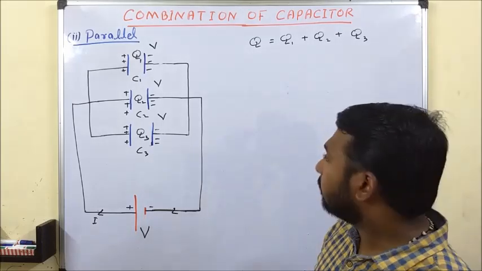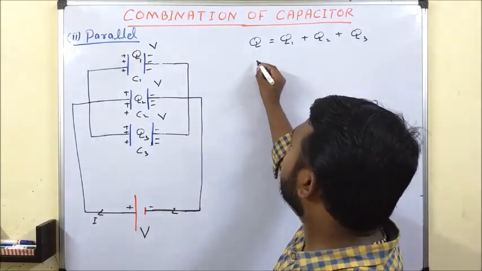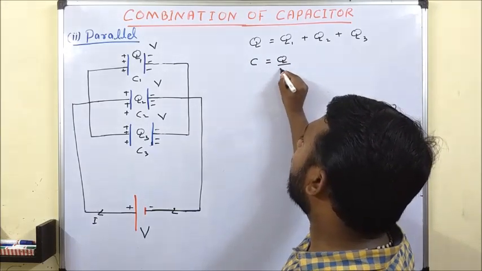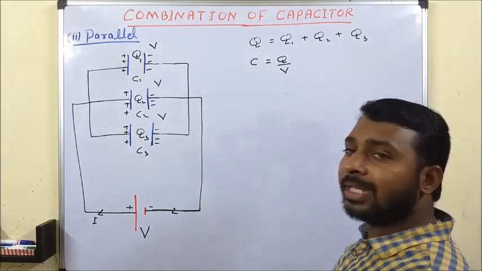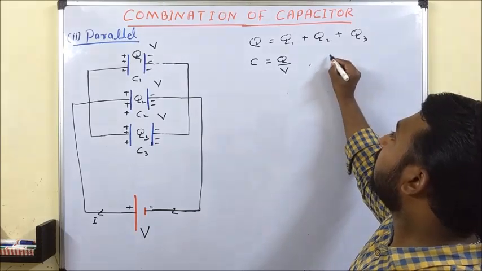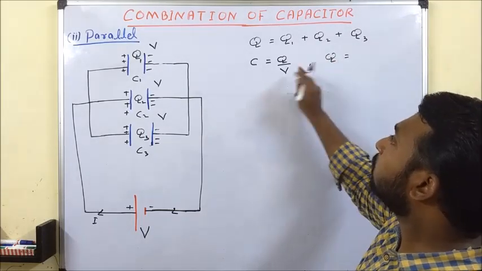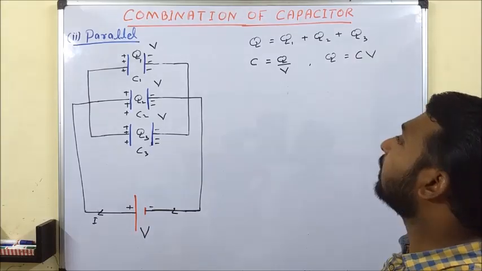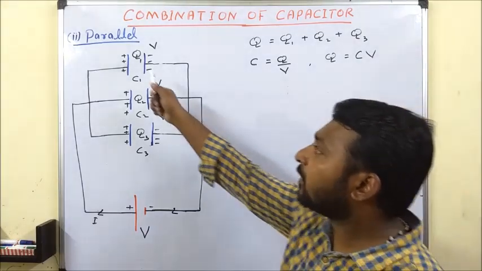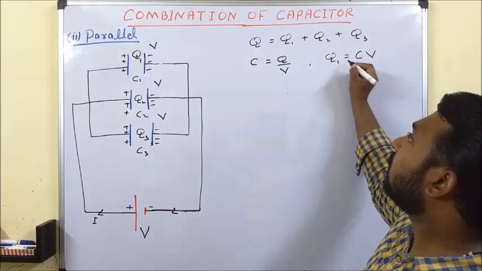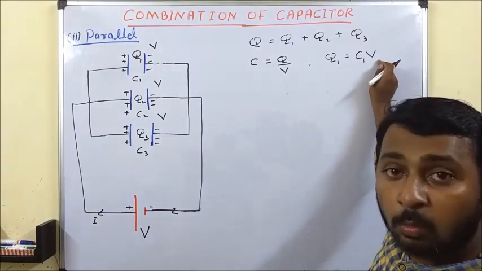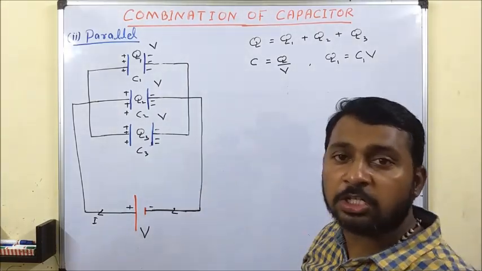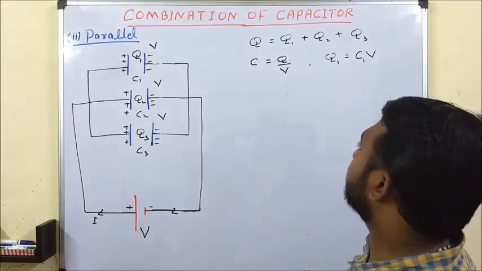Okay. Now we know the capacitance C is equal to Q by V. Then what will be Q? When you rearrange this, Q is equal to CV. So what will be the value of Q1 here? Q1 will be C1 V, not V1, because all of them are in parallel, so the potential difference will be the same across all the capacitors.